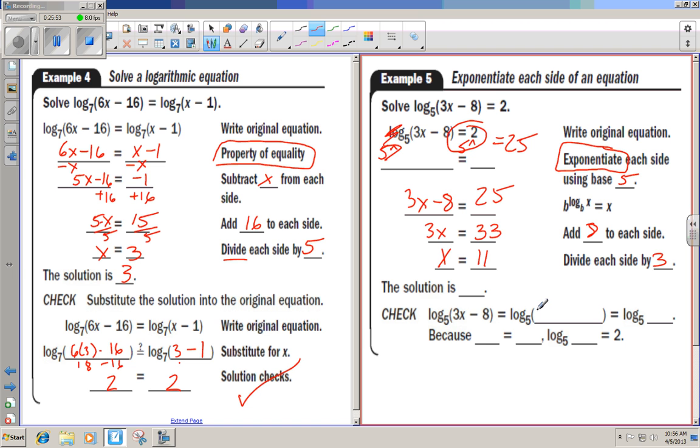If you want to make sure you're right, you should check your answers. So plug 11 in. You get log base 5 of 25. You could use the change of base formula, you could do whatever you want. But basically what you get is 2 equals 2. You get a solution that actually works.